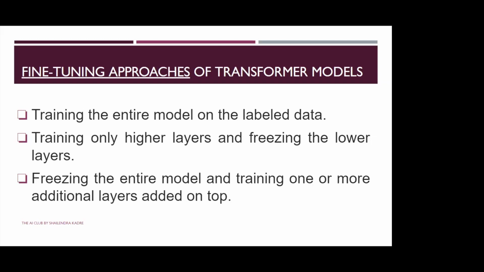You can freeze those layers and train the higher layers, which are the encoders. Third, freezing the entire model and training one or more additional layers added on top. Instead of training your model, you can take the model's output and train other layers. So these are fine-tuning approaches.